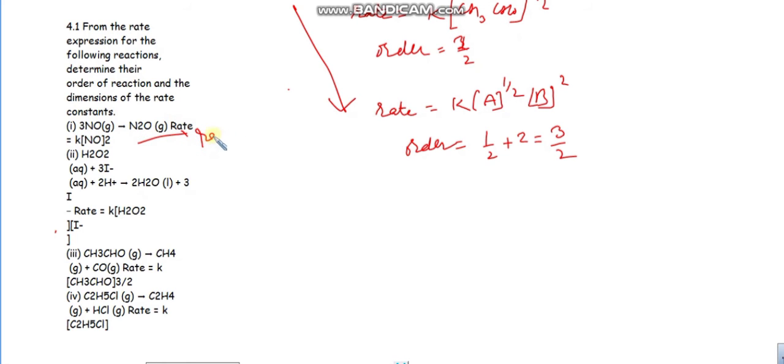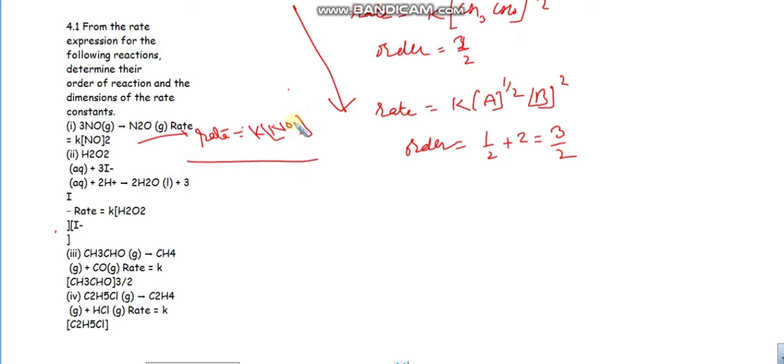So for this, rate is equal to K into concentration of NO2 to the power 2. So what is the order of this reaction?